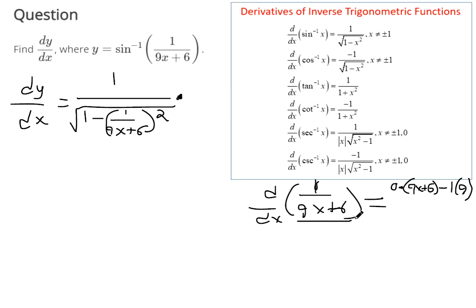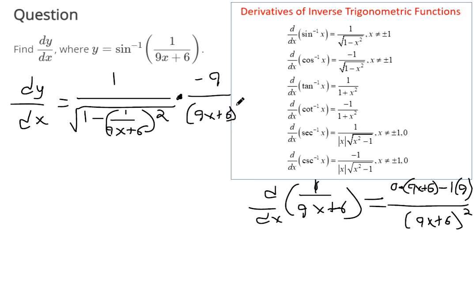The derivative of 9x plus 6 is just 9. It's all over the denominator being squared. So this is negative 9 over 9x plus 6 squared.